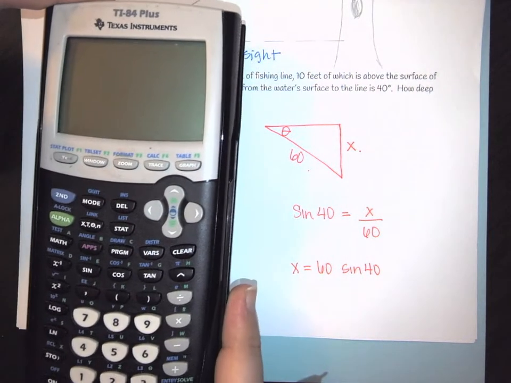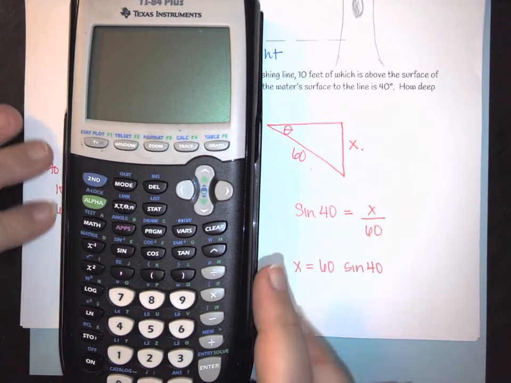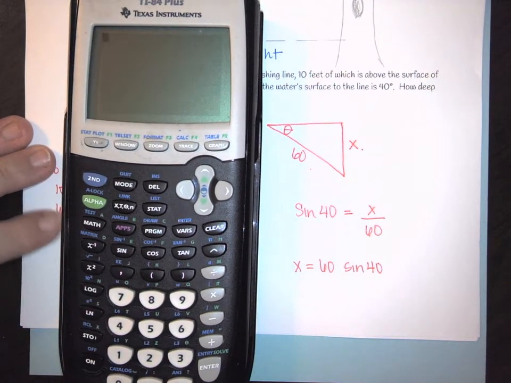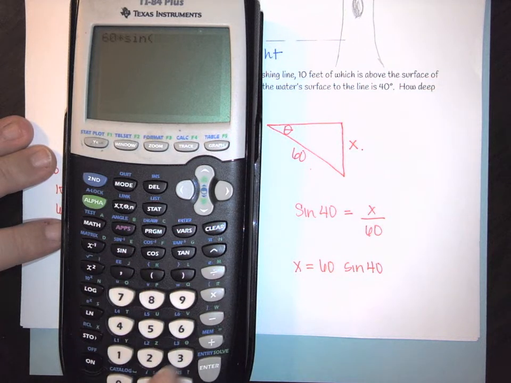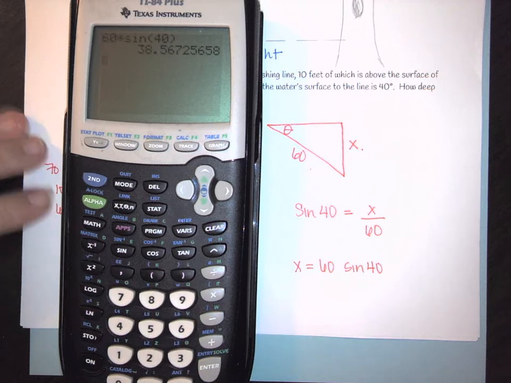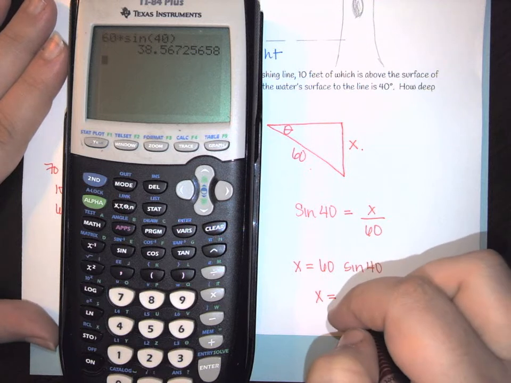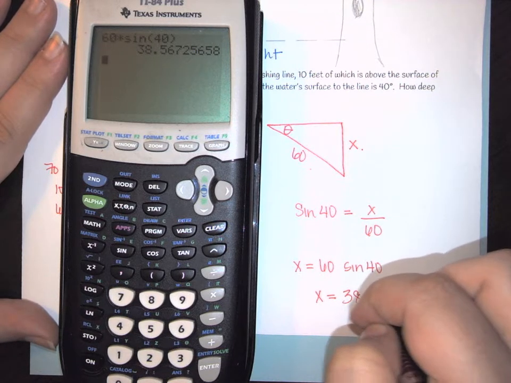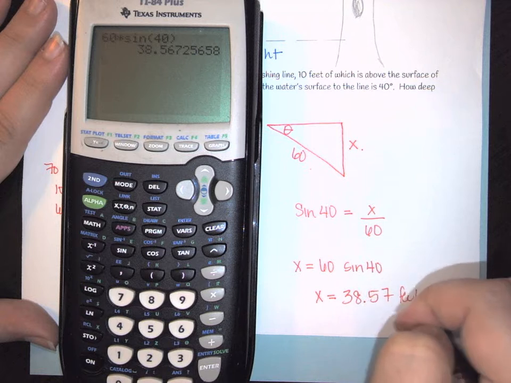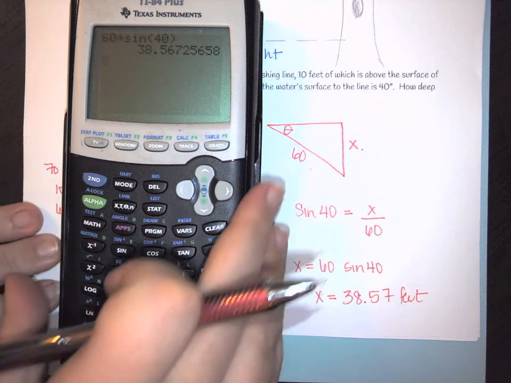So again here, to demonstrate using the graphing calculator, we would do 60 times sine of 40, close it, and hit enter. And here, this tells us that x is going to be 38.57 feet.